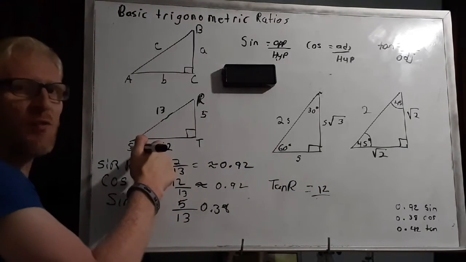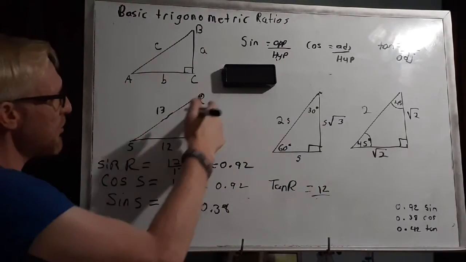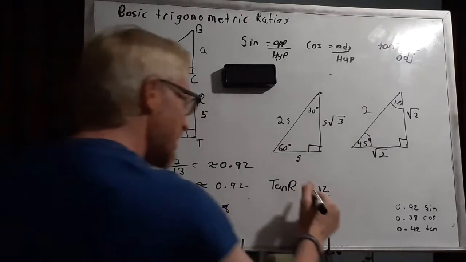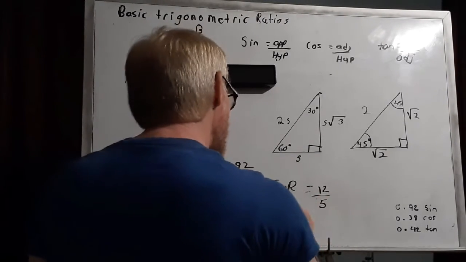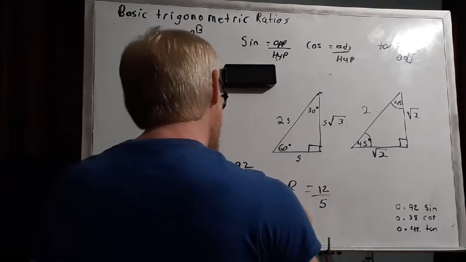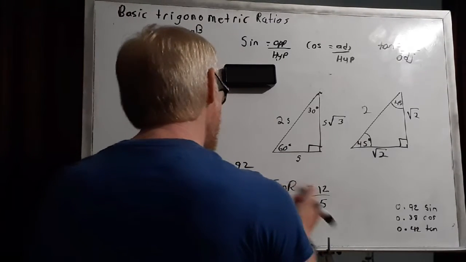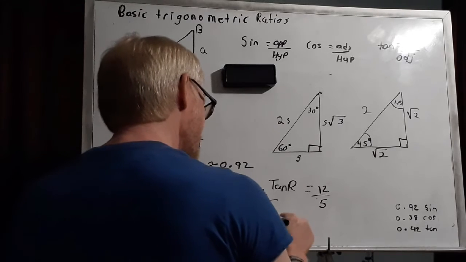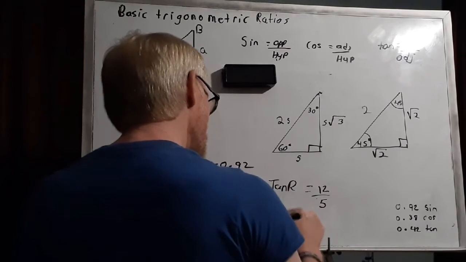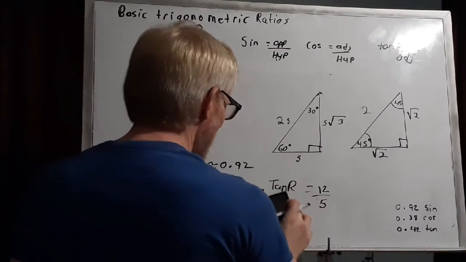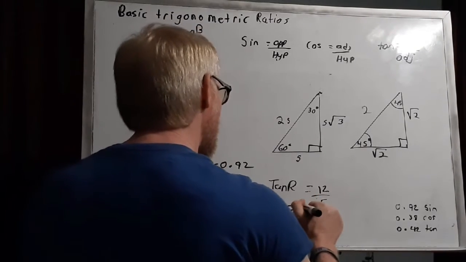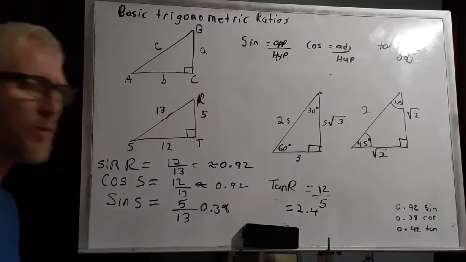So the tangent of R is 12 over 5, which is my adjacent. And I divide that, 12 divided by 5. 2 times 5 is 10, getting down to 2. So about 2.4 more or less approximately. You guys can actually verify that in your calculator. I don't have one with me right now.